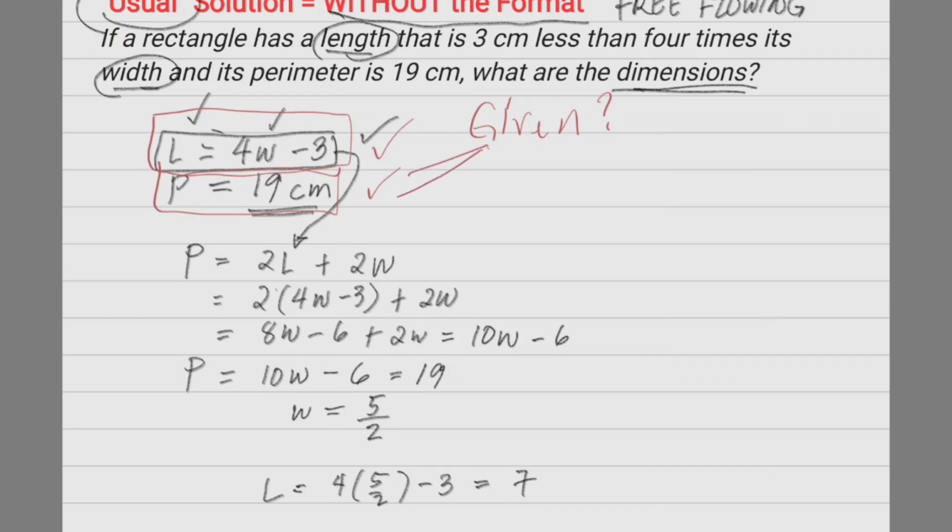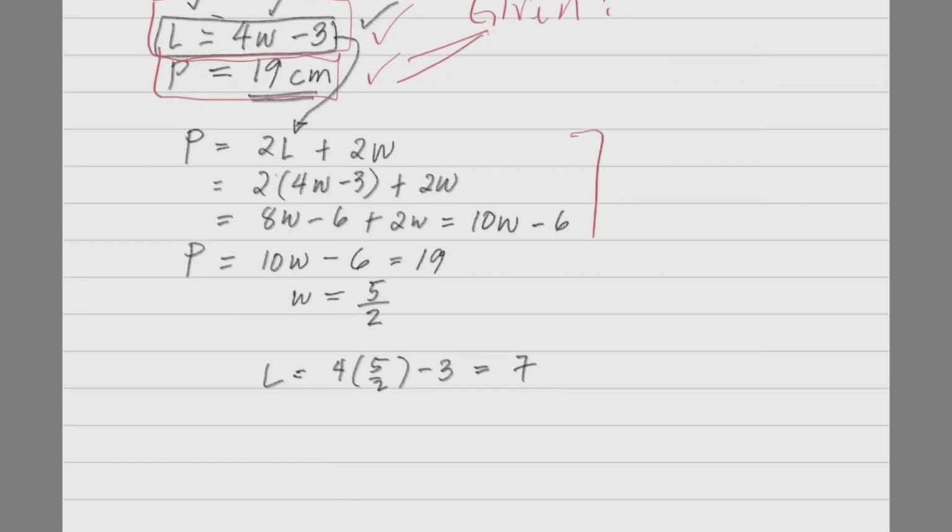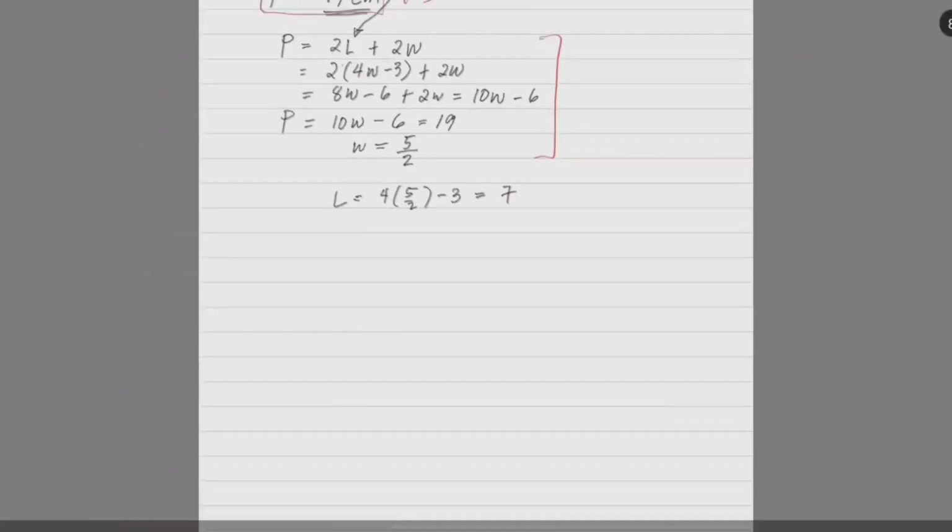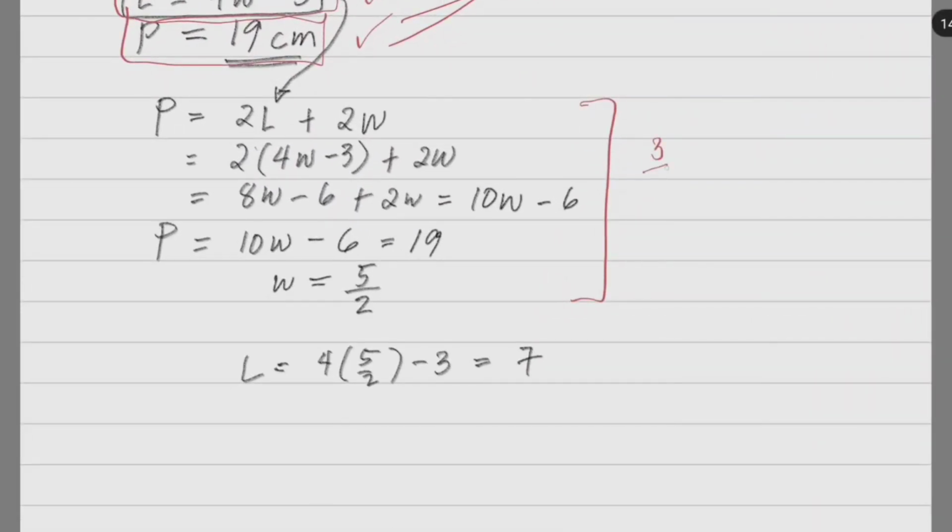Okay. And then this part here, I can give you not a full point. If this is, for example, 3 points in total, this will just give you maybe 1 point, because you don't have a unit.